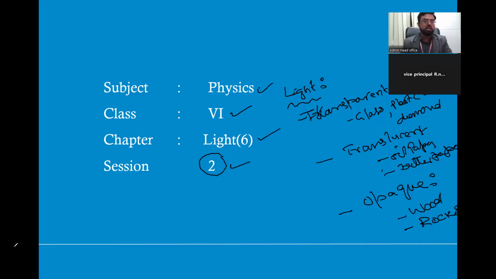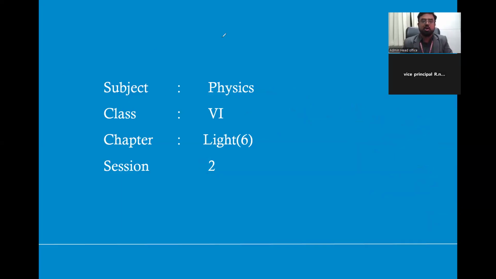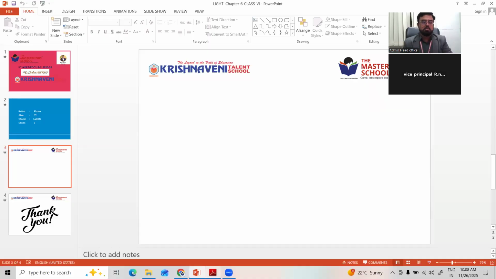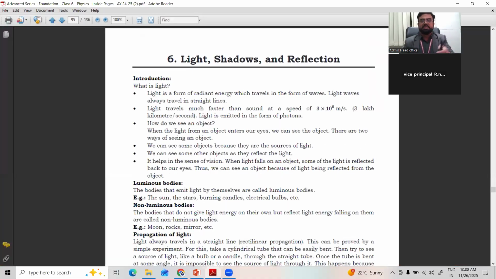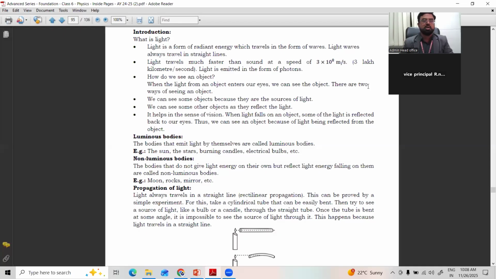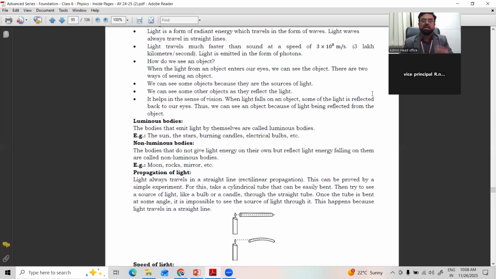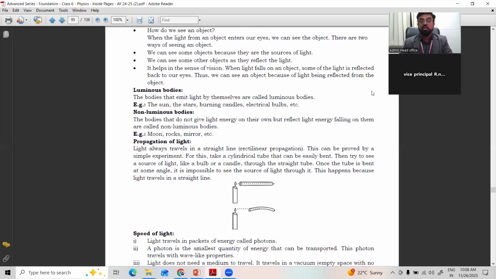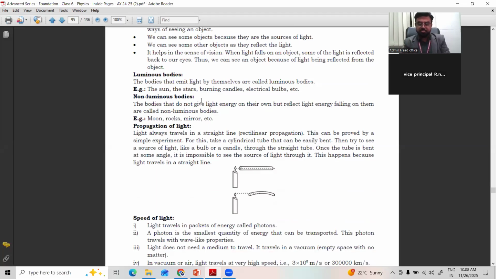When you move forward, you can learn so many terminologies about light. As per the text material, we learned what light is, and then classified bodies into luminous bodies. There are some bodies which emit light by themselves.